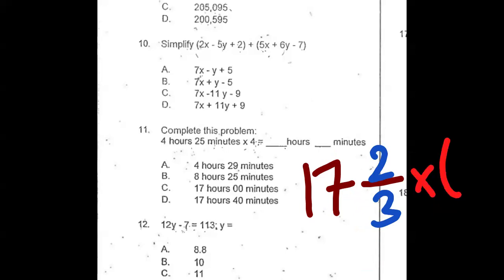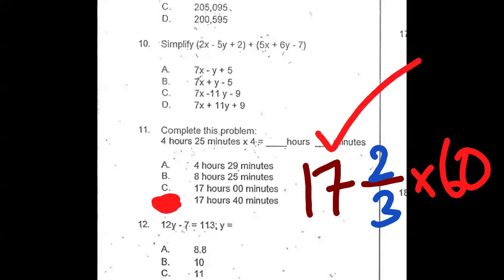So you'd have 17, right? So 17 times 3 is 51, 51 plus 2. Now, what is 2/3 of the number 60? 120 divided by 3. So our answer is going to be D.